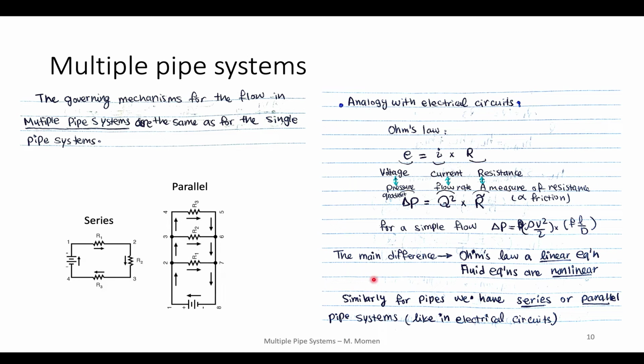For example, similar to electrical circuits where we have series or parallel circuits, if you remember, we put resistances in series, and sometimes we put the resistances in parallel, and this was the voltage difference in the system, and then we could calculate the I, or the current, in each direction that the voltage was going.